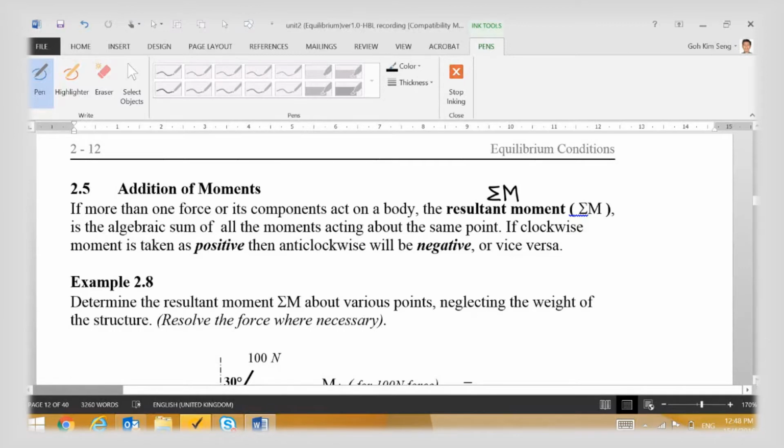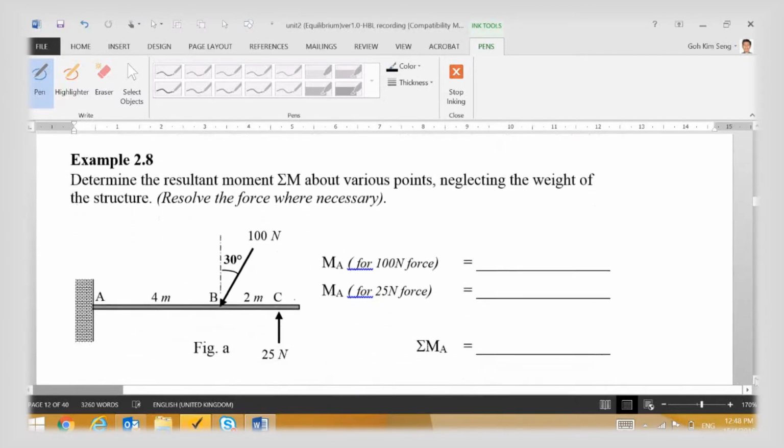Okay, let's look at the first example here. We are given two forces, and we want to take moments of the force about point A, which is here. Like what we have done before, we will resolve the 100 newton force into two components: 100 cos 30 and 100 sin 30.